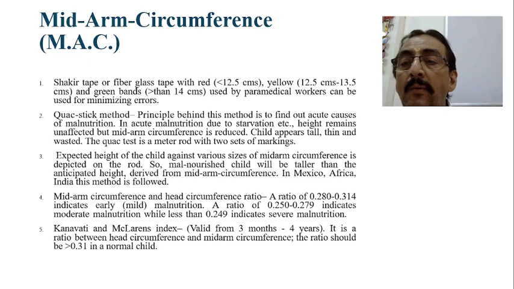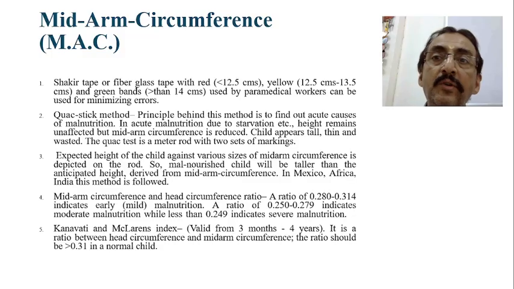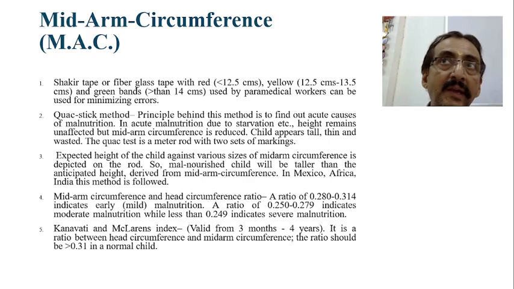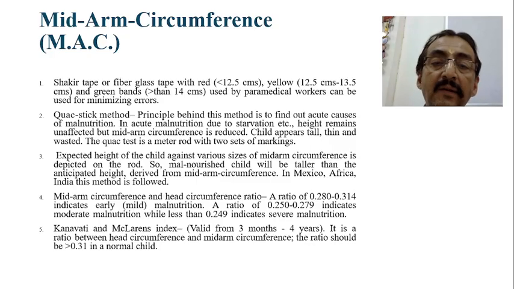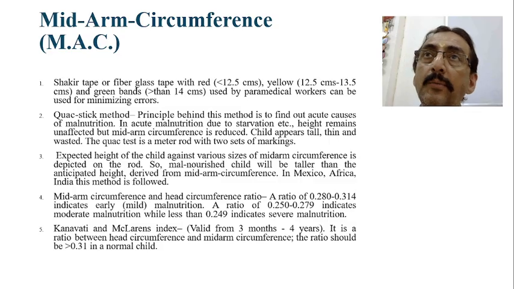Now, Kanawati and McLaren's index is another index. This is valid only from 3 months to 4 years. It is one more method of mid-arm circumference measurement, and it is a ratio between the mid-arm circumference and the head circumference. This ratio should always be more than 0.31 in a normal child.